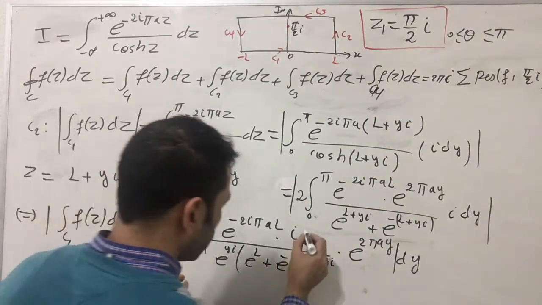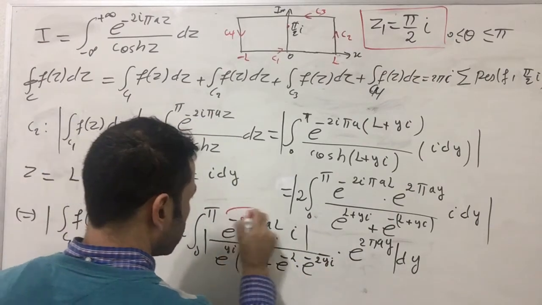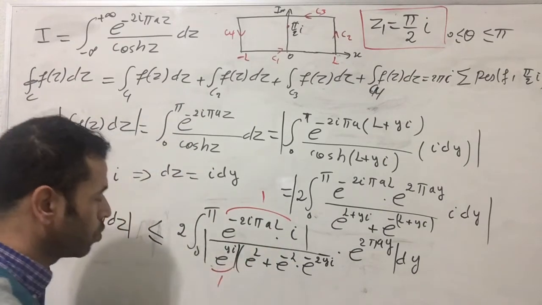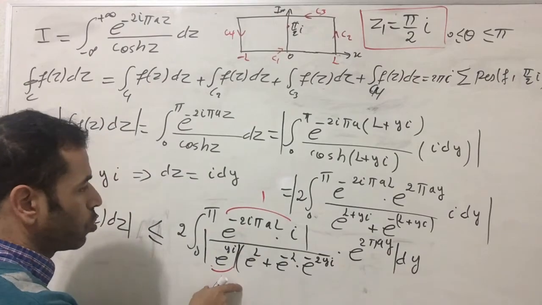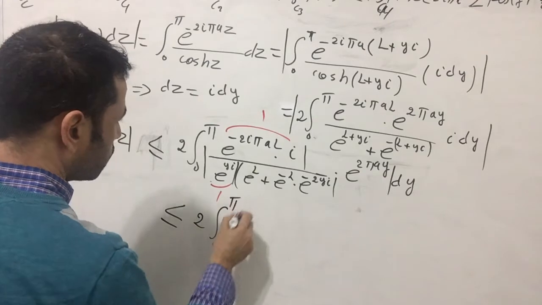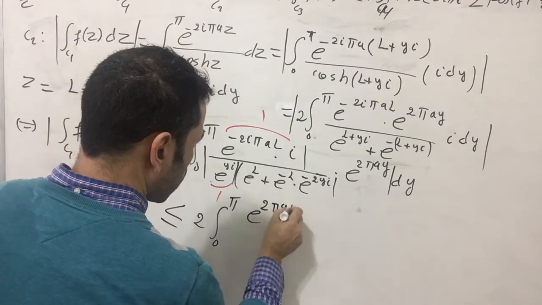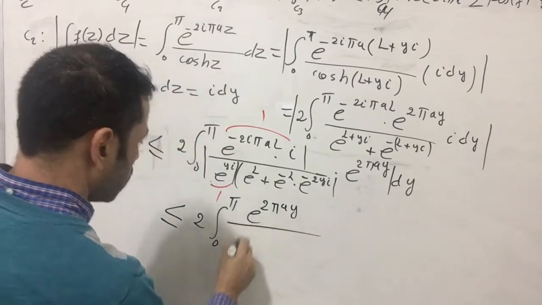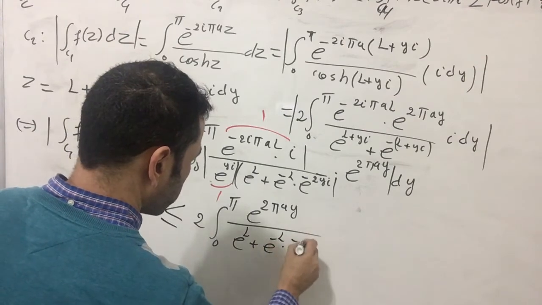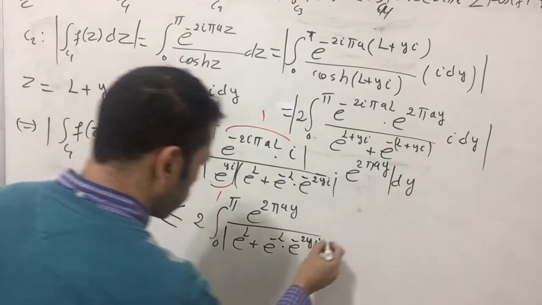If you take a look at here with absolute value, this term equals 1 and this term equals 1, because we have modulo of this one equal to 1, so we will have 2 from 0 to pi, e to pi a y over e to the L plus e to the minus L multiplied by e to the minus 2yi, with absolute value here.